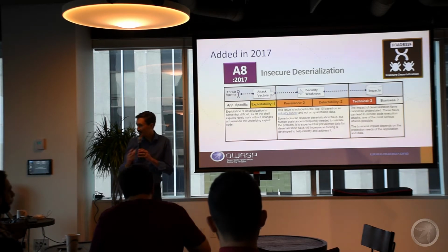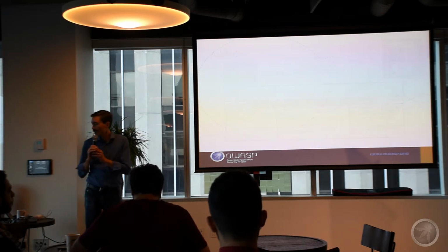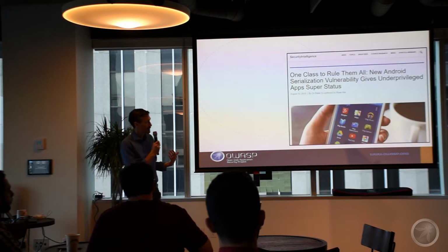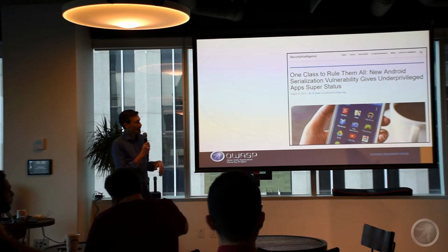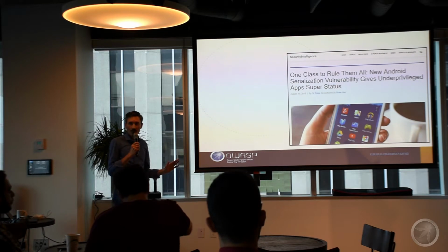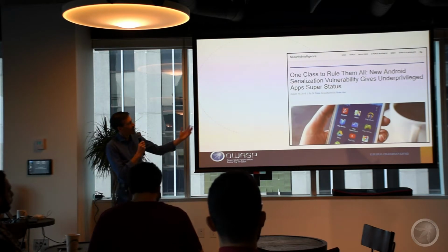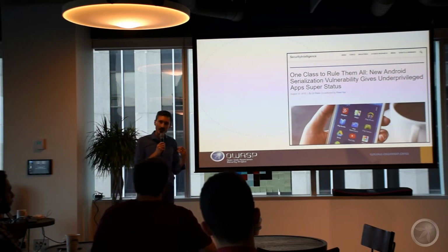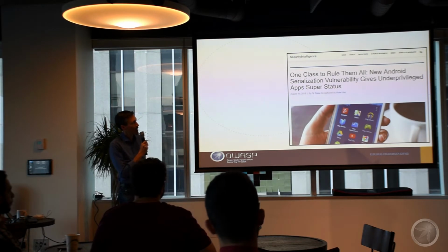The reason why I've always been interested in this kind of vulnerability is that for a long time nobody would talk about it. Until 2015, I think, which was the key element that made people start talking about it. These were people from IBM. They found a way to bypass some Android security just using Java deserialization.